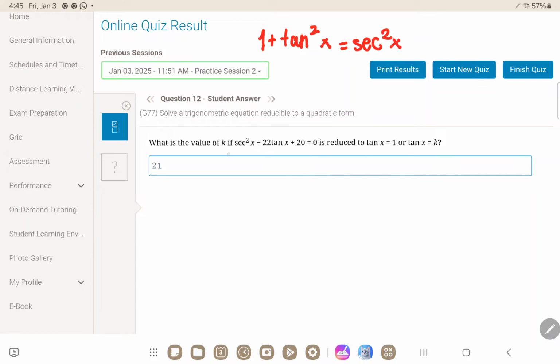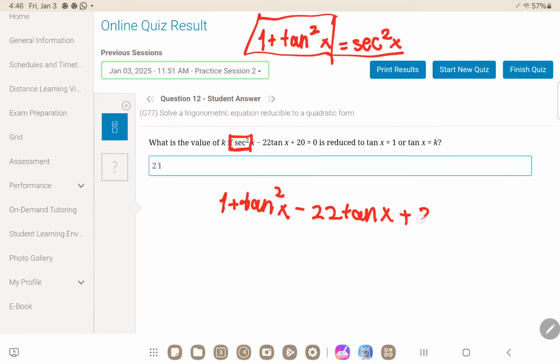So here you need to find the thing that has a square in it and replace it, so you keep it all in one term. So secant squared x, we replace it with this, because they're equal to each other. So 1 plus tan squared x minus 22 tangent x plus 20 equals 0.